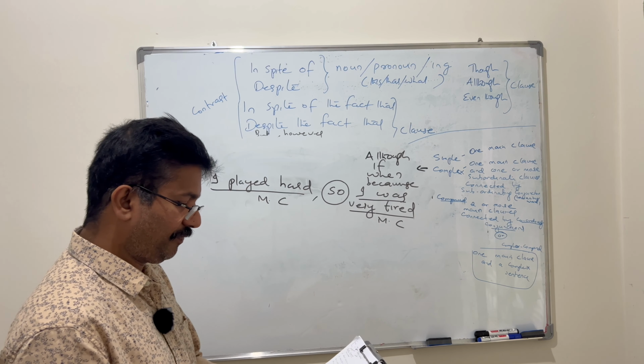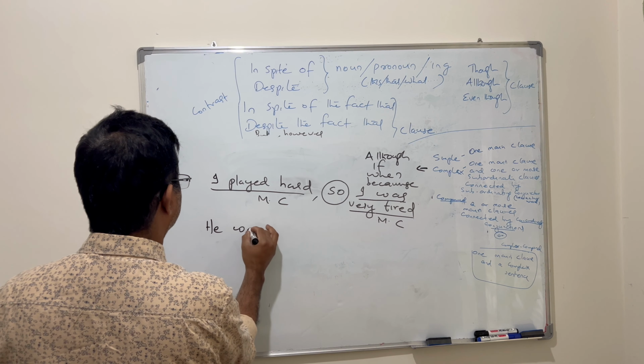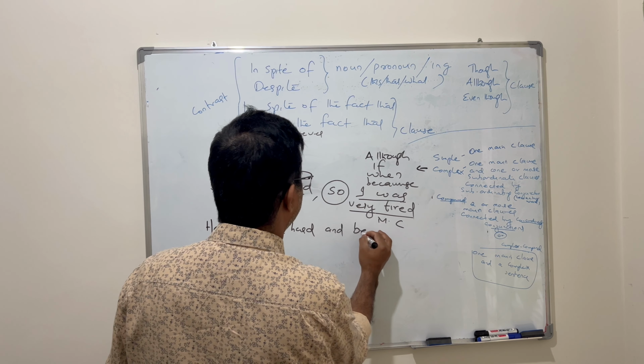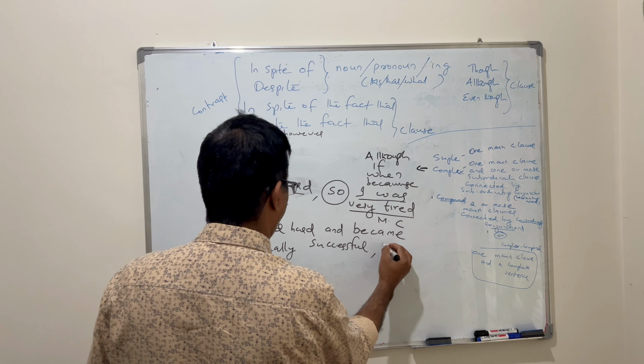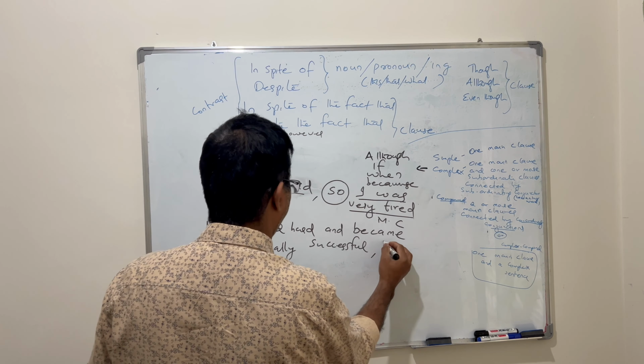Now the next example is: He worked hard and became professionally successful, but his family life was a tragedy. This is an example sentence for a compound sentence. "He worked hard" is one main clause. And "became professionally successful" is the second main clause.